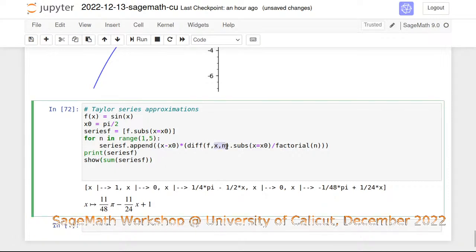So derivative 1. Oh sorry, the power is missing from here, right? It's x minus x naught the whole to the power n, that's missing, sorry.